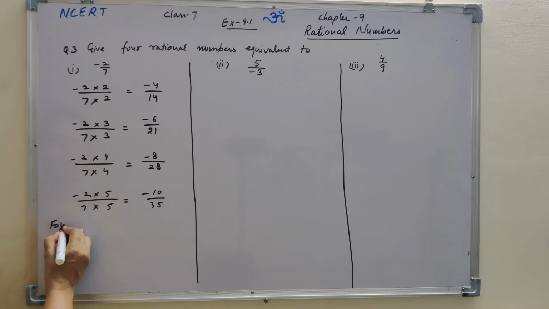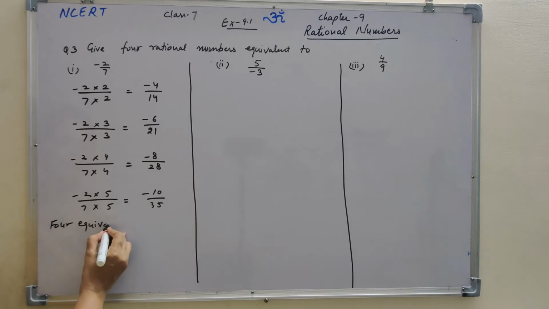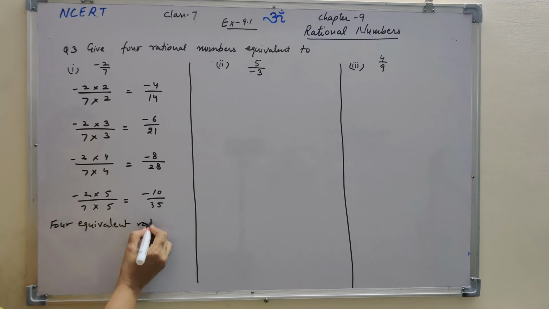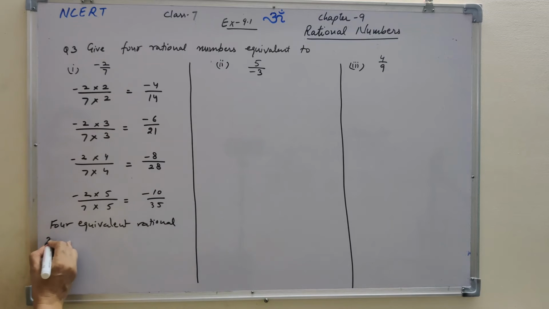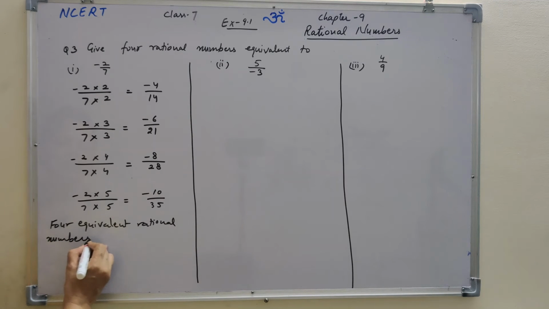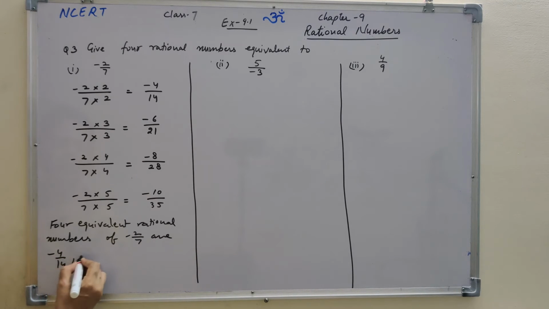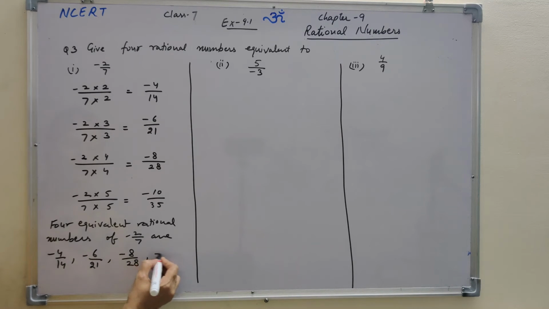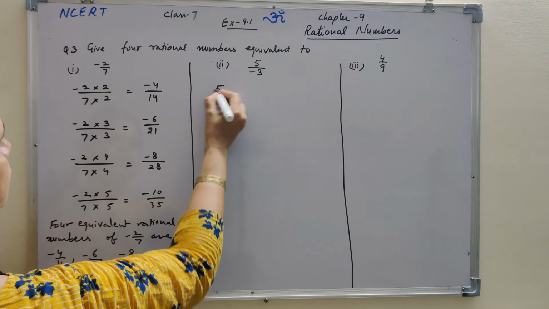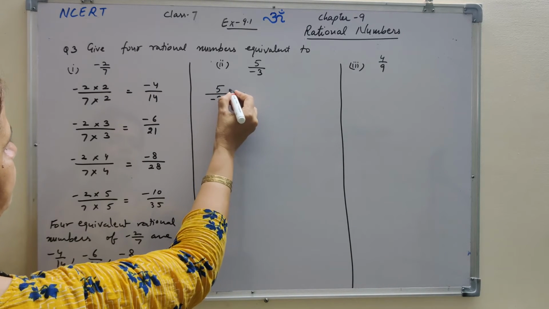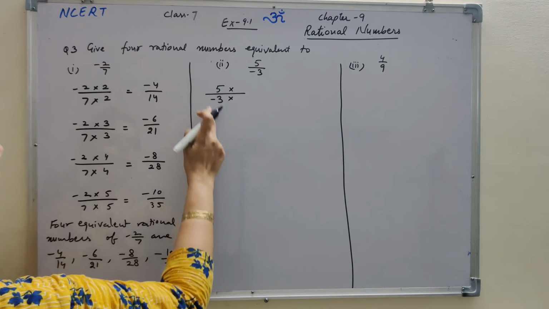So the four equivalent rational numbers of minus 2 by 7 are minus 4 by 14, minus 6 by 21, minus 8 by 28, and minus 10 by 35.